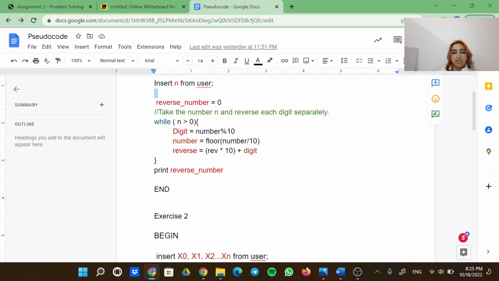Reverse is reverse times 10 plus digit. So it takes the last digit and adds it, and then continues the cycle while n is bigger than 0. Then it prints the reverse number.